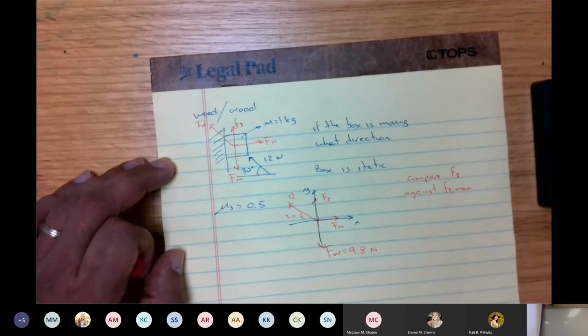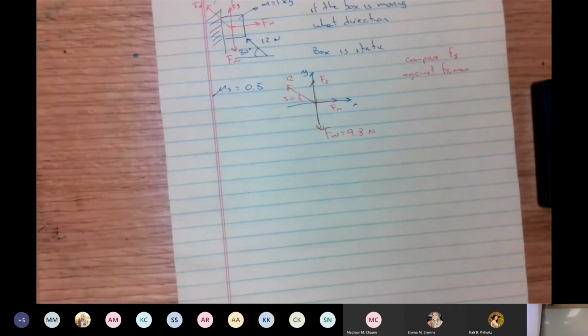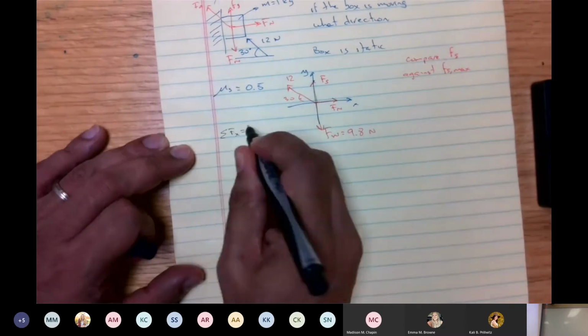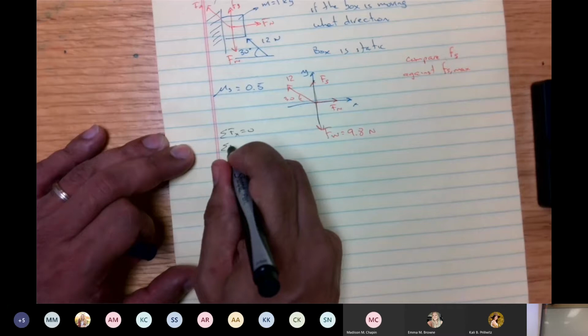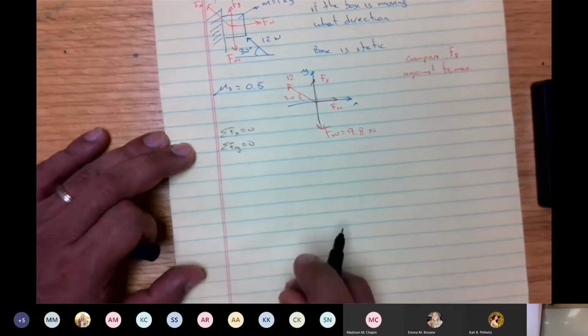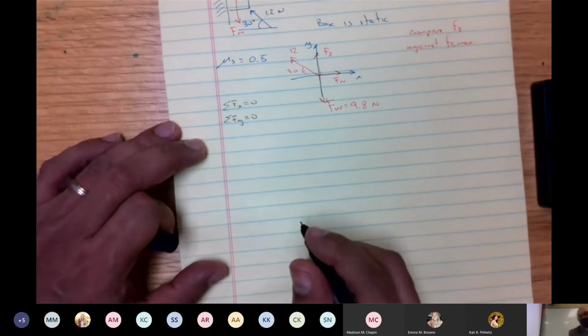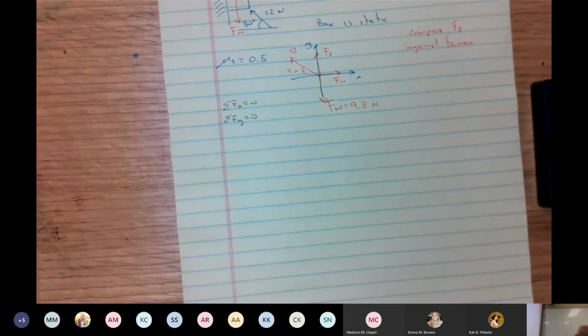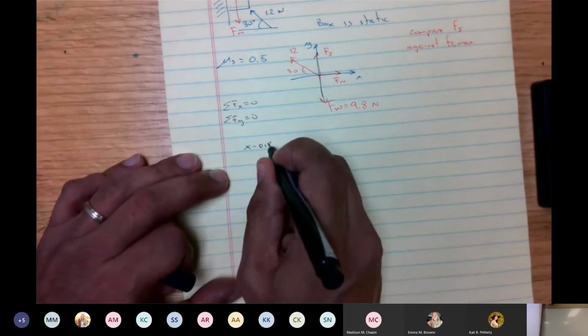So I'm gonna assume that the box is static. So the forces in X are gonna be equal to 0, and the forces in Y are also gonna be equal to 0. So in the X direction, I'm only gonna have two forces.